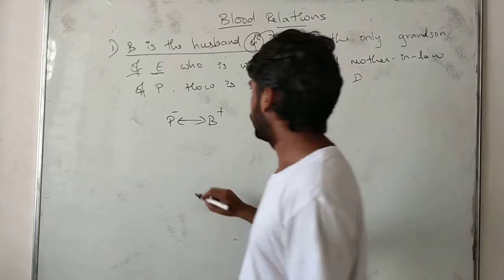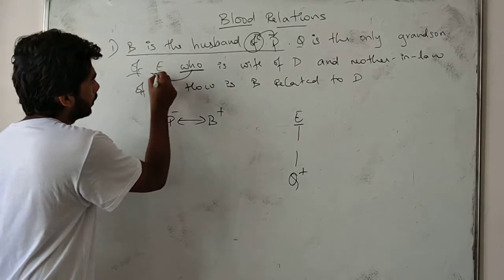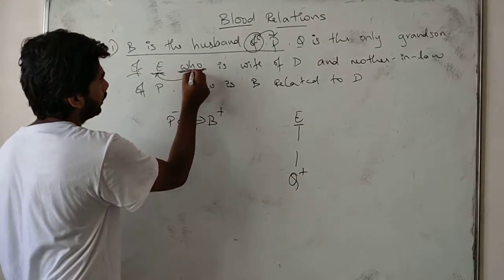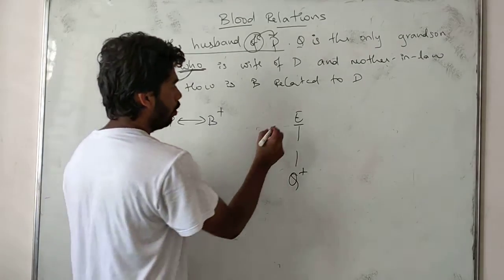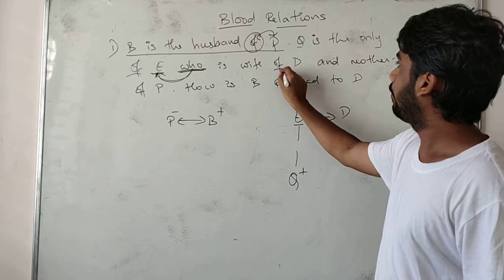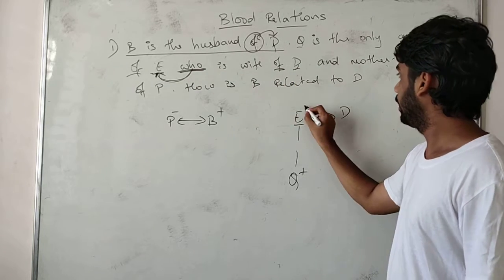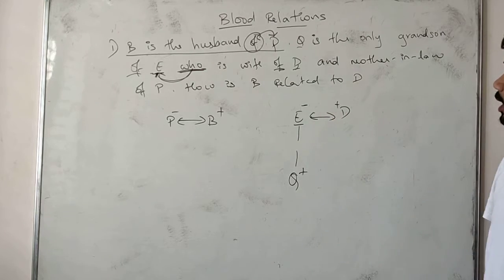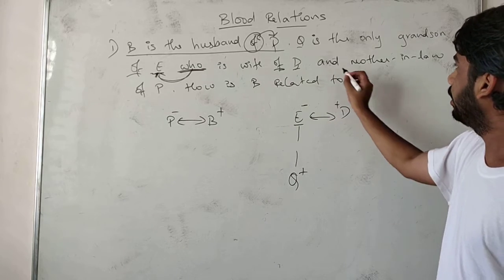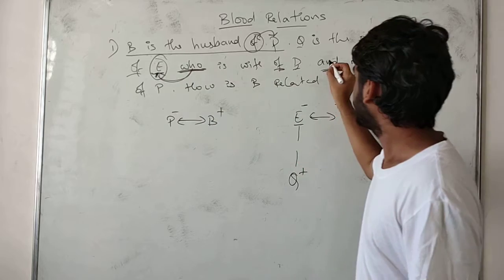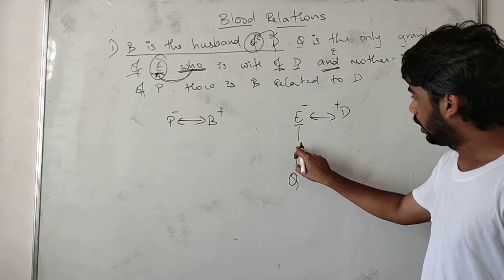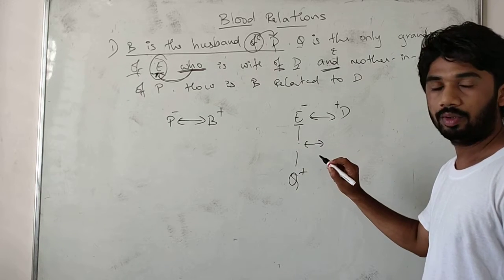Who is the wife of D? See students, who, which, where always indicate the previous one. So here who is E. E is the wife of D. D's wife is E. Then, mother-in-law of P. Always come to this point: E is the mother-in-law of P, means her son or daughter will be there.